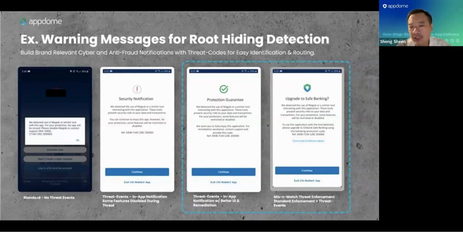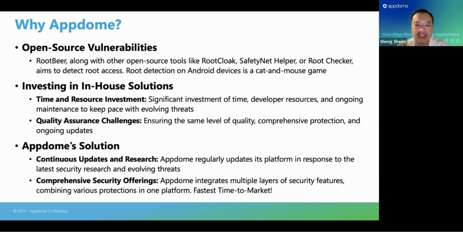By the way, we have a reference code that you can tie into. So if the user gets this reference code and brings it to your help center or your support center, we can tie that reference code back to the actual application, so you can see exactly what the users are seeing, right? So this is something that, again, allows you to have better visibility into the application.